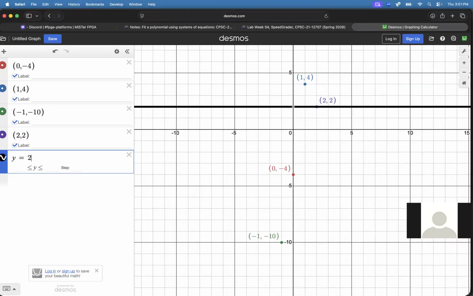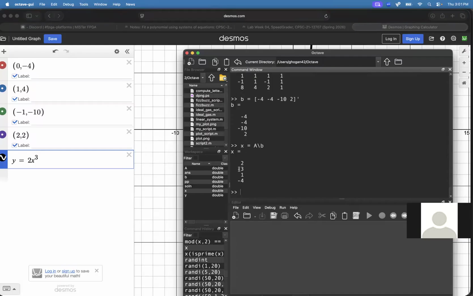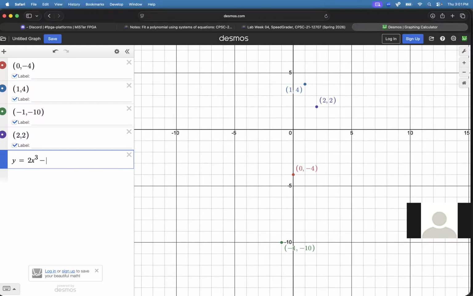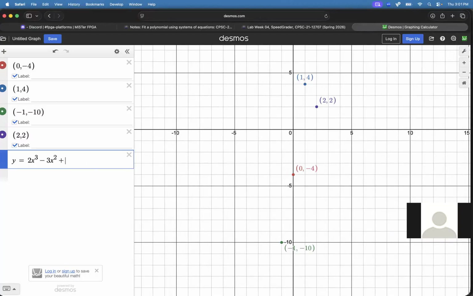So that's 2x cubed. And then we have negative 3, so that's negative 3x squared. And then we have 1, so that's 1x. And then we have minus 4, which is just minus 4.